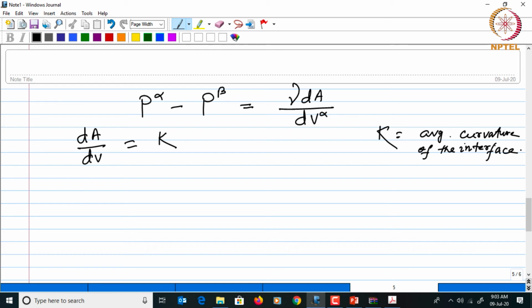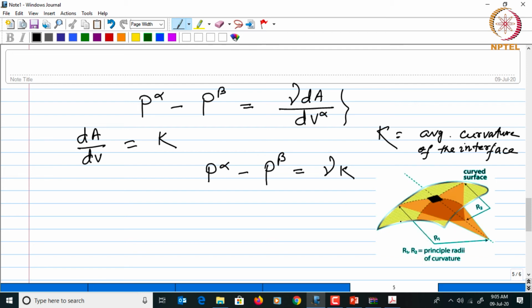Right, so from here, if we replace K over here in this equation, we'll get P alpha minus P beta equals gamma K. And if you have a curved surface like this where R1 and R2 are the principal radii of curvature, then K is given as 1 by R1 plus 1 by R2, right?